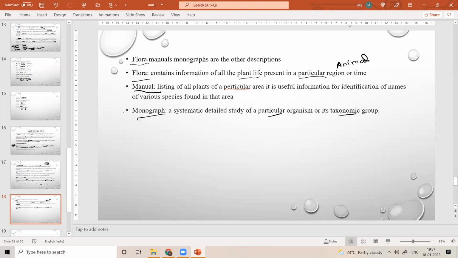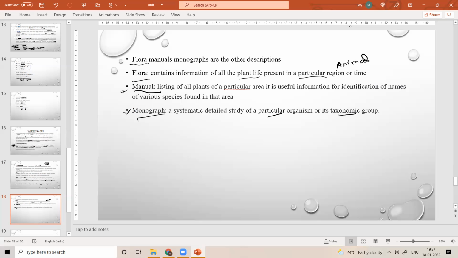So a monograph is a detailed study of a particular organism or any other kind of taxon, whether it may be a species, or a detailed study of a genus or maybe a family. So that is what the monograph is. A manual is a book which contains the list of plants or animals.